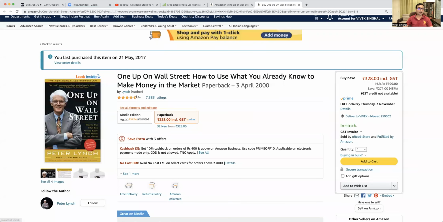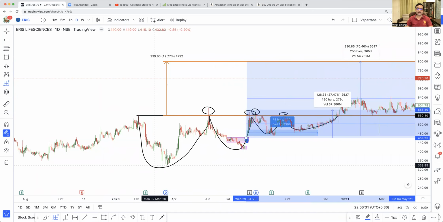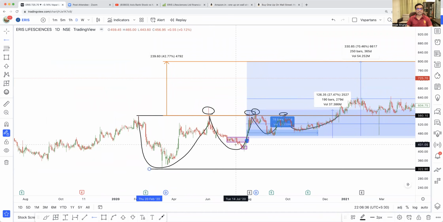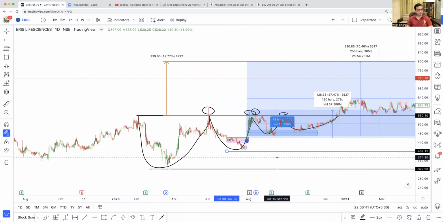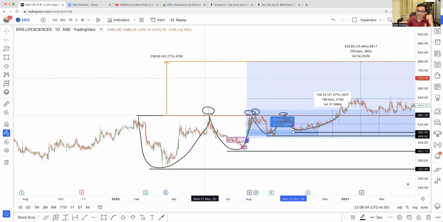See, stop losses are hit when the price comes down below the last support. In this cup with handle pattern, the last support was this, and the price didn't come down below it. The next support was this, and the price didn't come down below it either. So the operator was not hitting the stop loss of retailers. He was just bringing the price down from this resistance level so that people would panic and sell off, and the operator could buy.